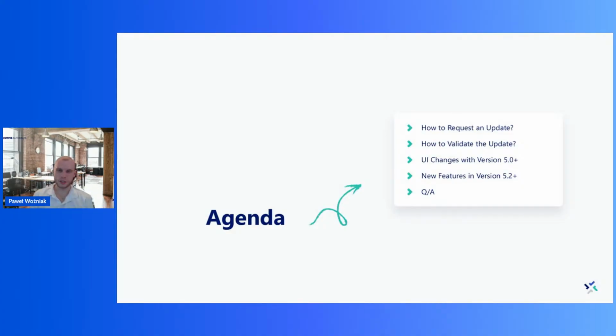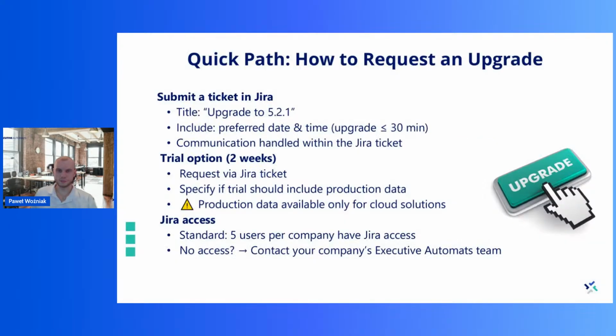Or you can just wait until the end, and we can also talk about the questions. All right, I think we are set. We can start. Okay, so today's meeting is all about getting you updated to the newest version, and also to show you what the changes are.